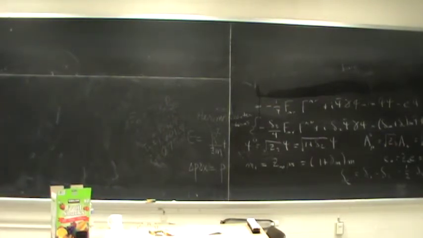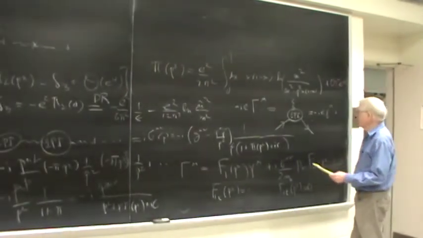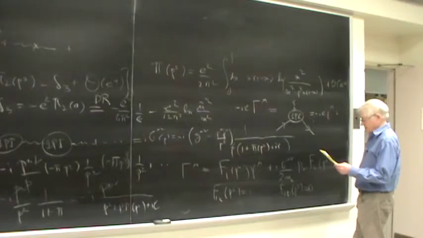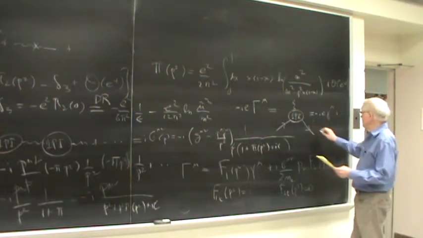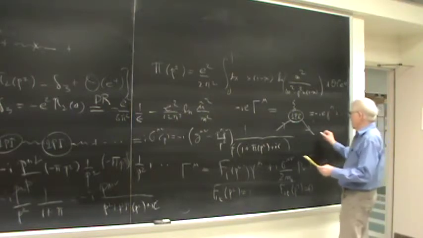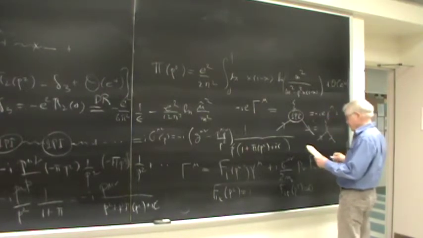This is the lowest order diagram, and we can imagine there are two corrections. So while the board is drying, let me say what these things are. The extra terms, the diagrams, in other words, are first of all, of course, this diagram, which gives us this.